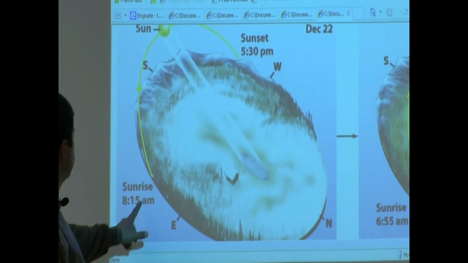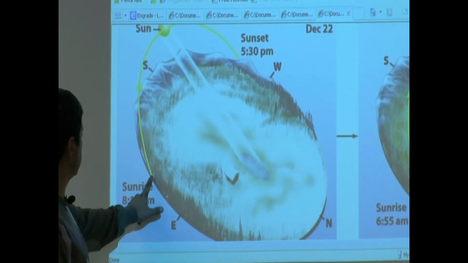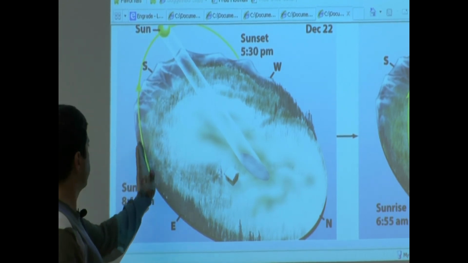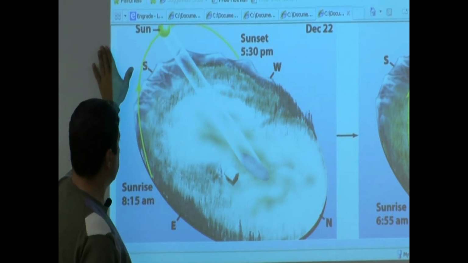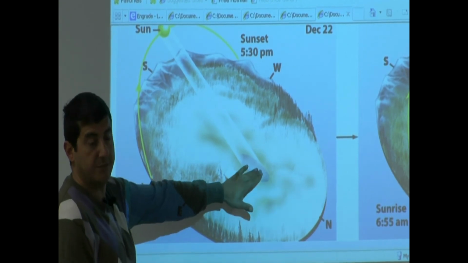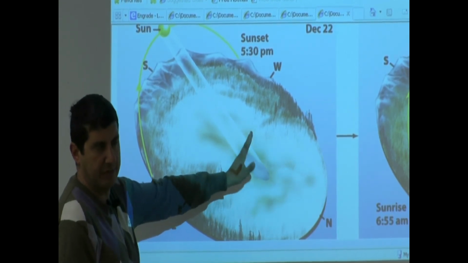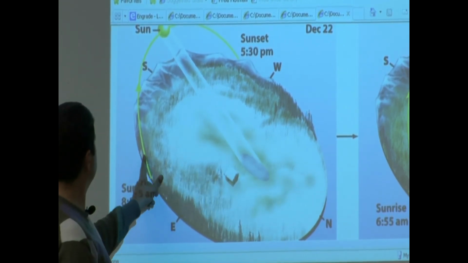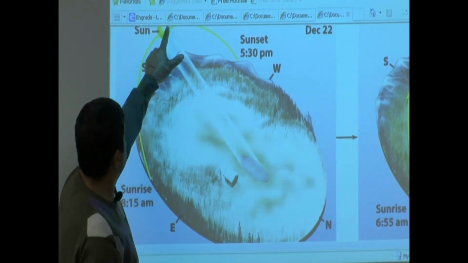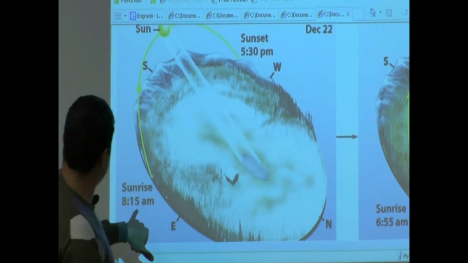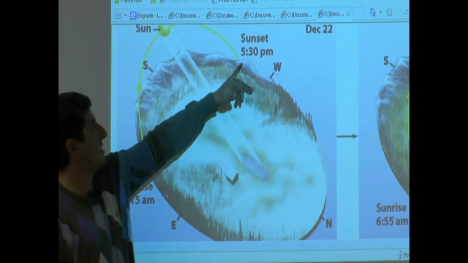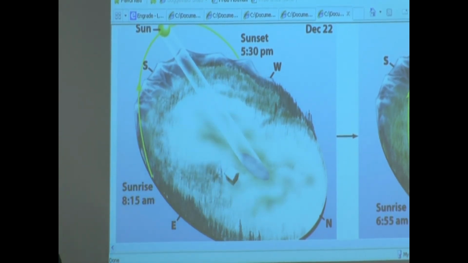The sunrise is taking place at 8:15. You see how the path of the sun is very, very low in the sky if you're in LA? The picture is meant for LA people. So sunrise is 8:15, sunset is 5:30. That's about 9 hours of sunlight.